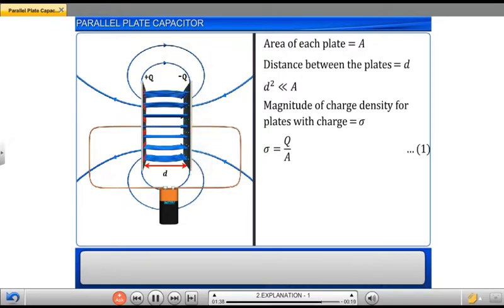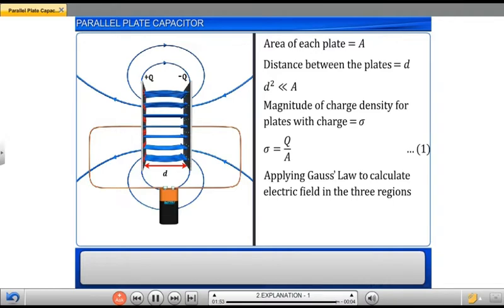Let us now calculate the electric field in regions 1, 2 and 3 by applying Gauss law.